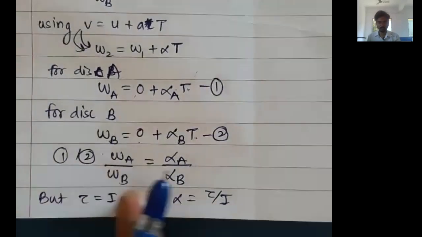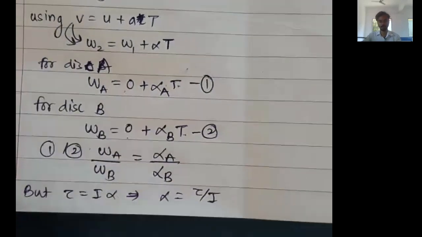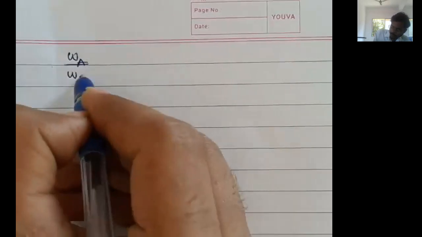Omega A upon omega B is alpha A upon alpha B.